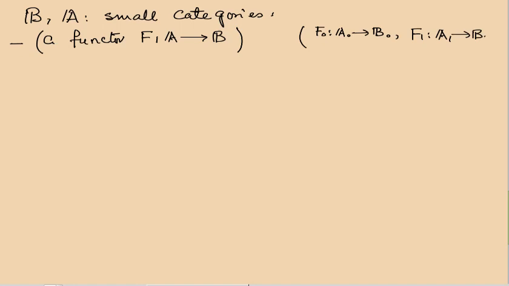Is that F1 or just F? This is F, just F. To give me a functor, you have to give me a pair of functions, one from the object part and the other from the morphism part, right?